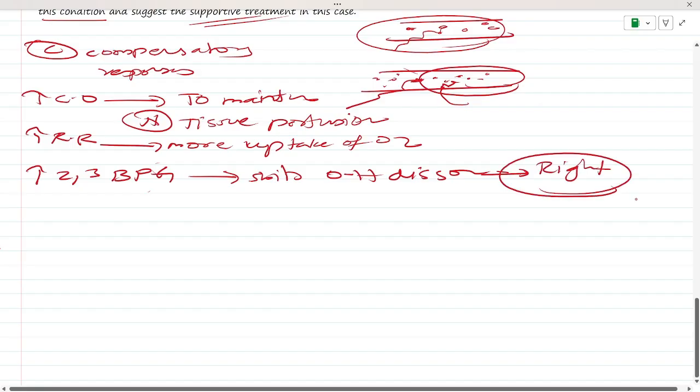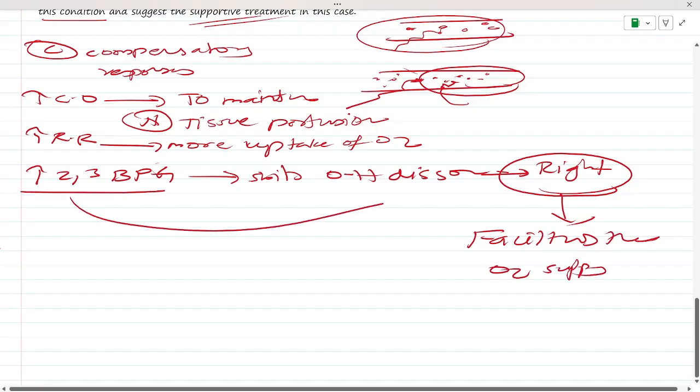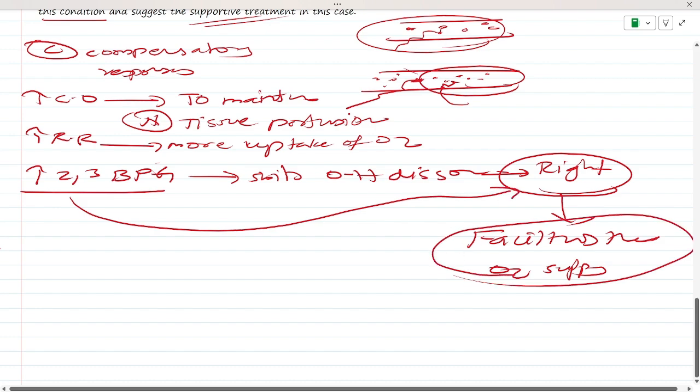When the curve shifts to the right, it facilitates the O2 supply. Simply remember, if 2,3 BPG is increased, the curve shifts to the right, and there will be more facilitation of oxygen to the tissues. Along with this, erythropoietin levels are also increased. So these are the compensatory mechanisms: increased cardiac output, increased respiratory rate, increased 2,3 BPG, and increased erythropoietin.